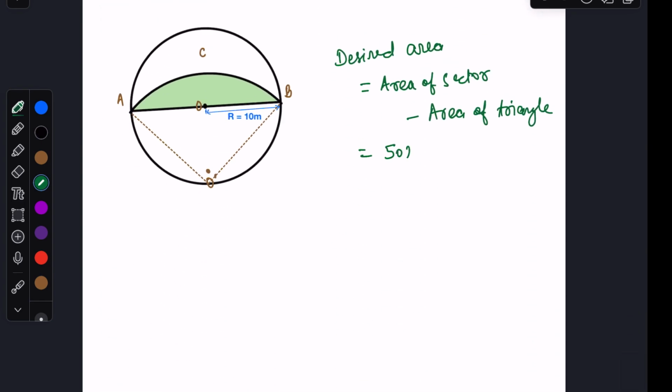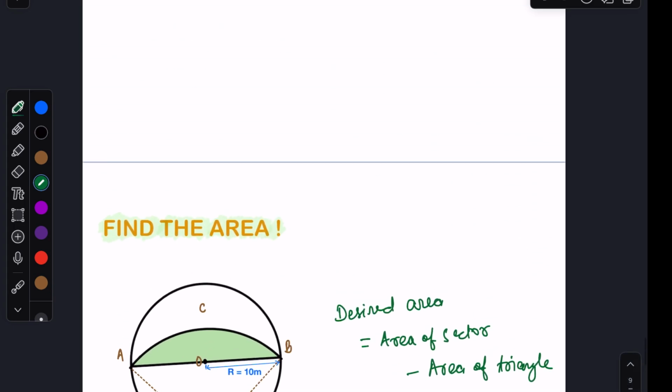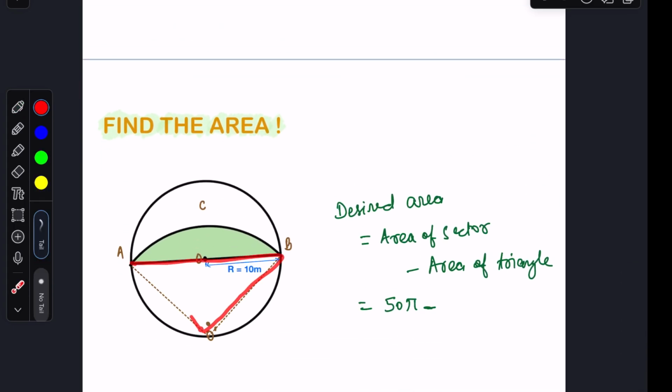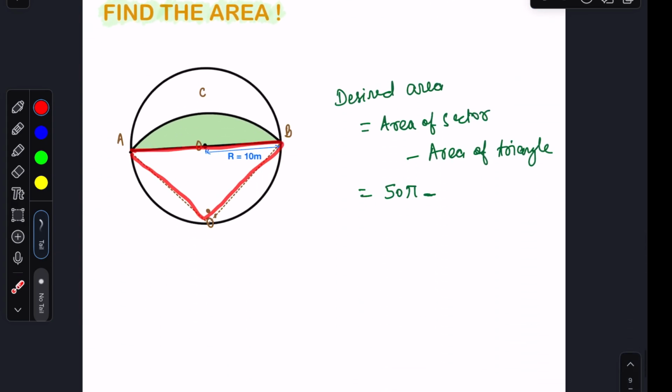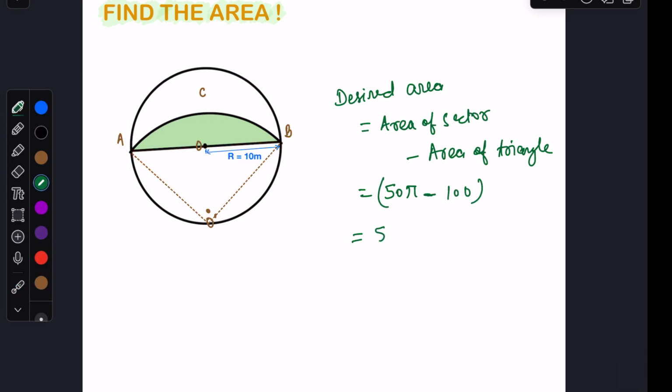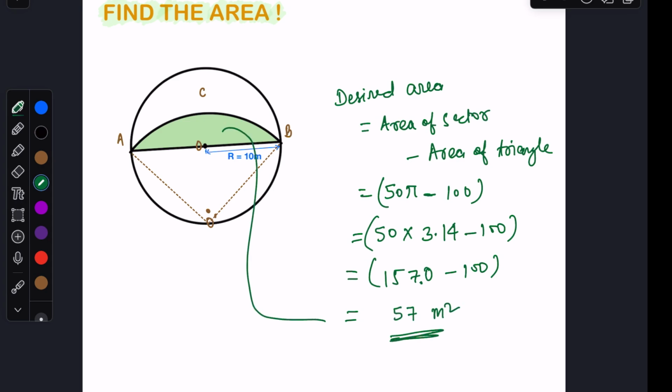So 50 pi minus the area of this triangle that we calculated, which was 100. So 50 pi minus 100. We will take pi equal to 3.14. Then 5 4s are 20, 5 1s are 5, 5 3s are 15, so 157 minus 100. So this will be 57 meter square. So this is the area of the shaded region.